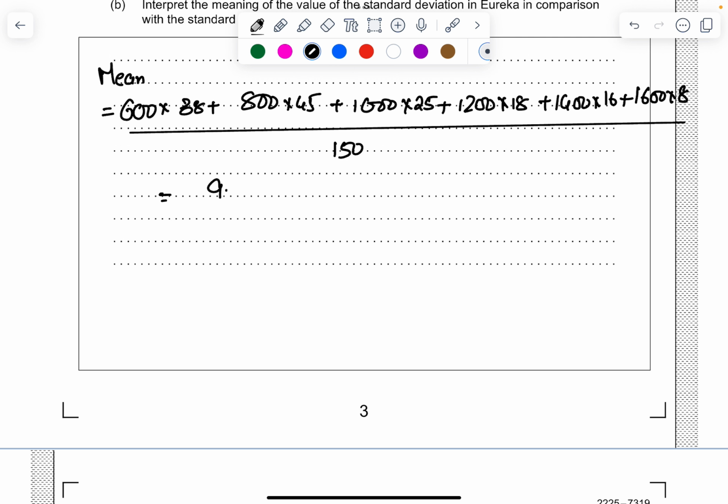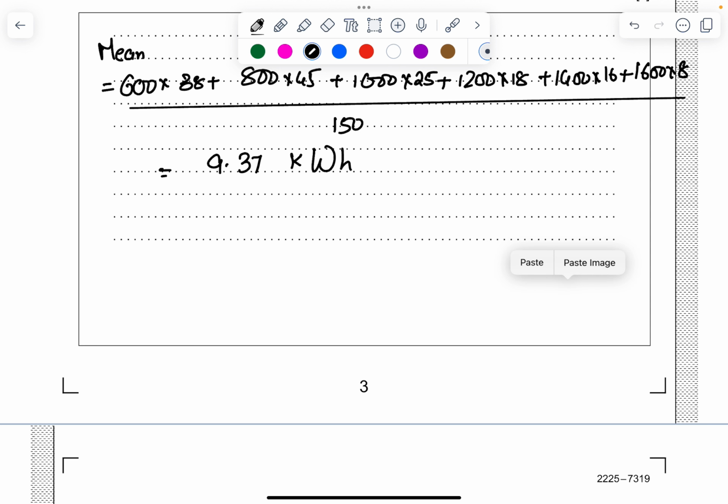It's going to be 9.37 kWh. That's going to be the answer. Find the standard deviation.